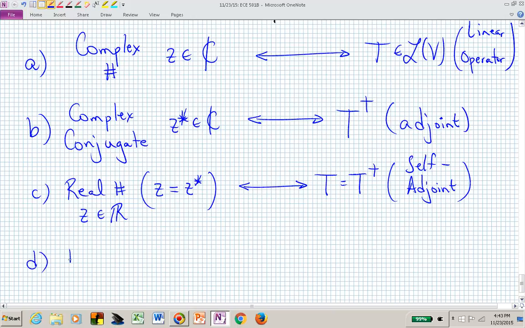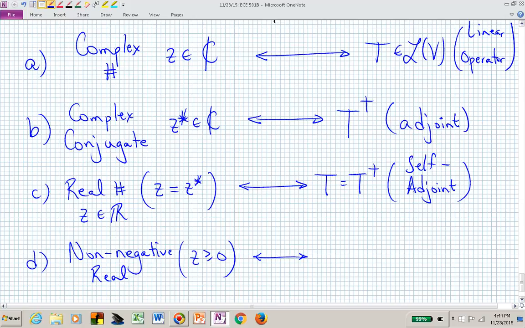What if we had a non-negative real, which we represented as Z greater than or equal to 0? What kind of an operator then did we have? Now think of that inner product of TV with V. We needed that to be non-negative, and it was real.